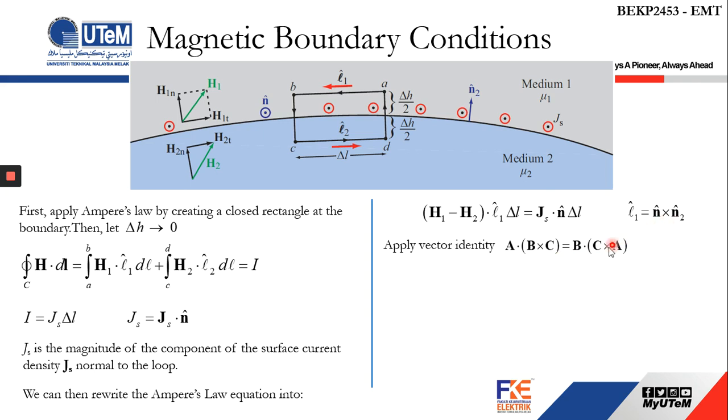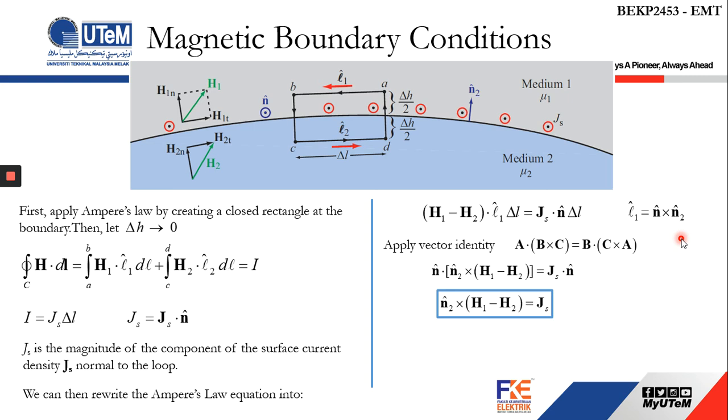So we can rearrange into n dot product with n2 cross product with H1 minus H2. By applying the vector identity, we can now replace: B dot C cross A, this is B, this is C, and this is A. So n here and n here can be cancelled out, and we get this equation here.